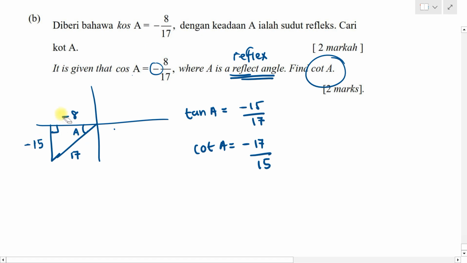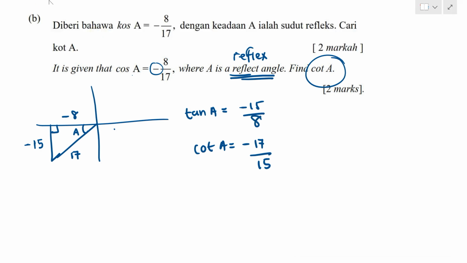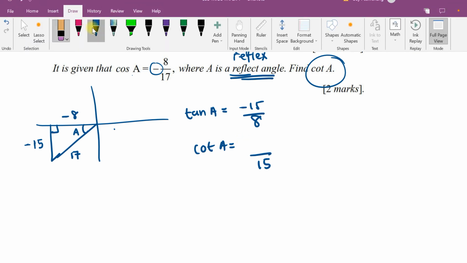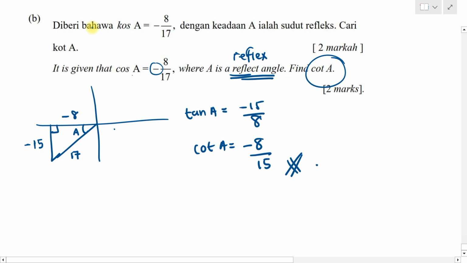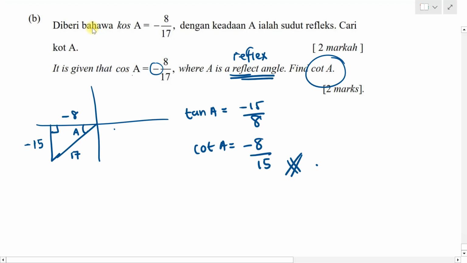Tangent is opposite over adjacent, right? Negative 15 over 8. I do it in sleepy mode, which means more mistakes. No negative, because here is also negative. So sorry, 8 over 15 is the answer.